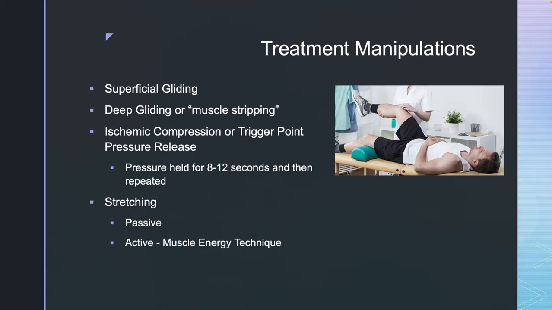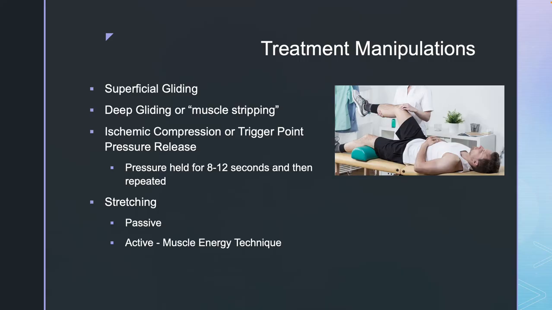Treatment manipulations. So you guys kind of already know these techniques. Neuromuscular therapy is actually really in depth, but it goes along with understanding how the nerves and the muscles work and trying to deactivate trigger points in taut areas.